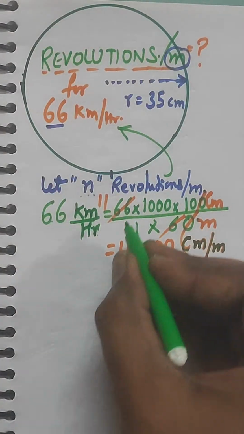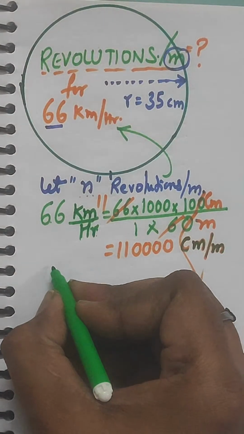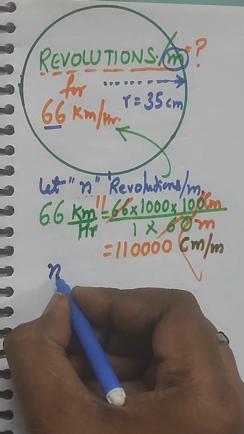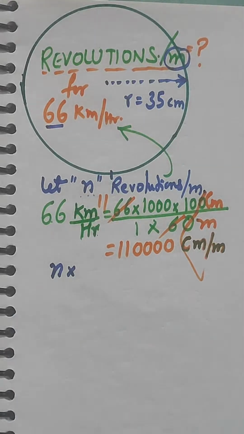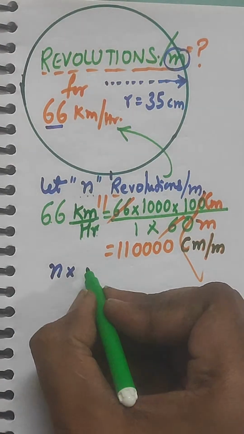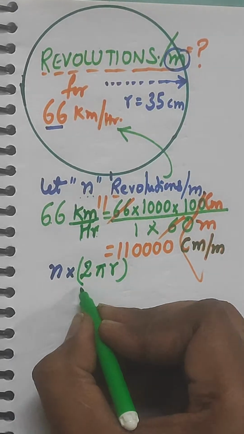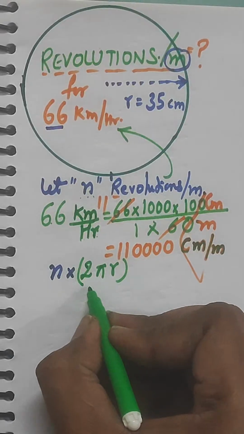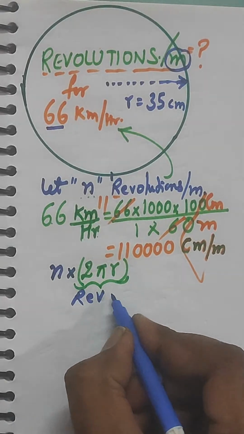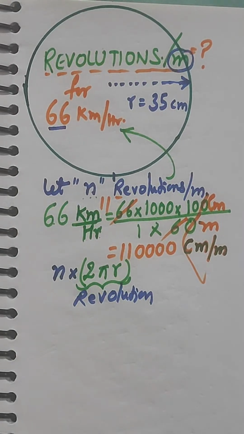We know that in one revolution the circumference of the wheel will be covered, right? So we will simply write n revolutions, that is n into 2 pi r. In one revolution we cover 2 pi r distance, right?